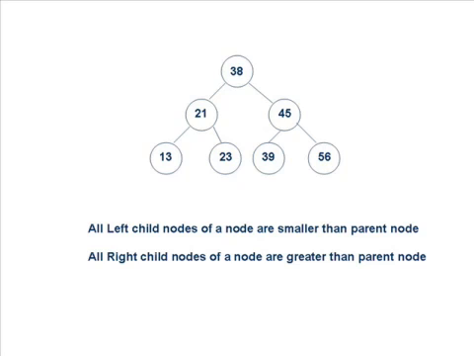This is verifiable for any node that has a child node. For example, 45 has two child nodes. 39 is the smaller value, so it is on the left hand side, and 56 is larger than 45, therefore it is placed on the right hand side.